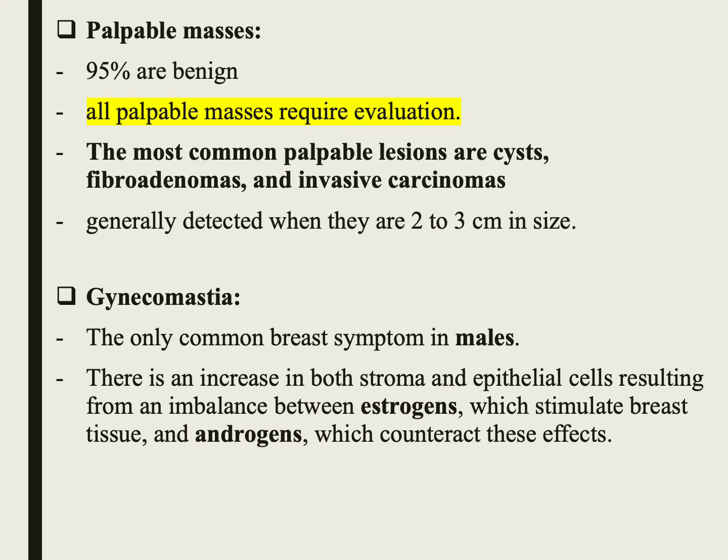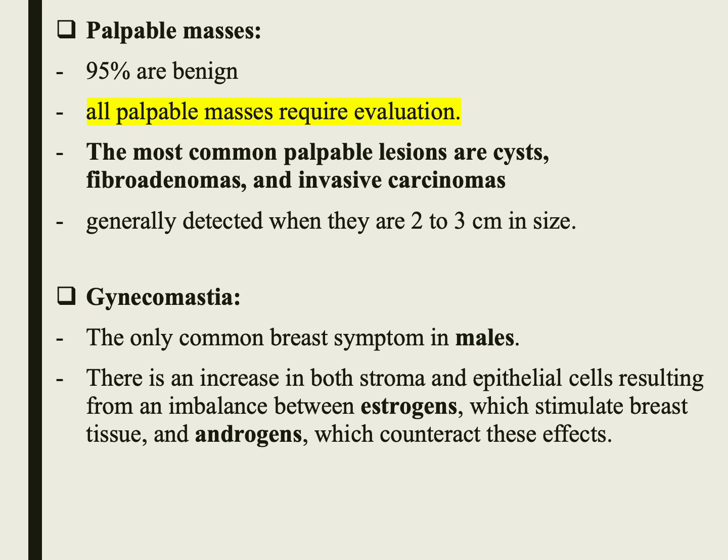Another clinical presentation of breast diseases is the presence of palpable masses, which means the presence of masses that can be detected by physical examination. Although about 95% of these masses are benign, all palpable masses require evaluation. So the evaluation of your patient is mandatory, and the workup is mandatory in those cases.